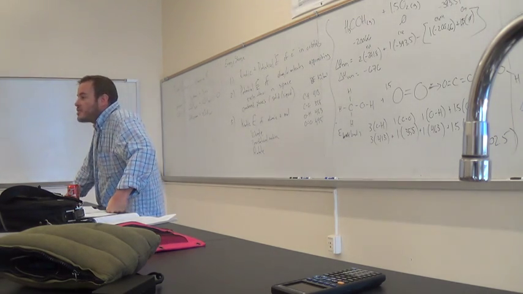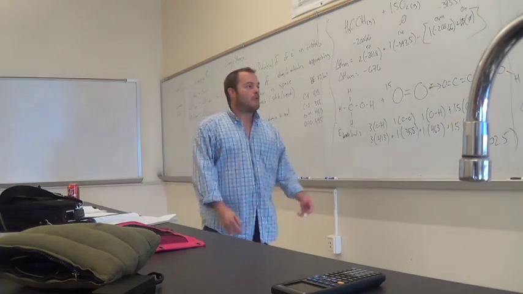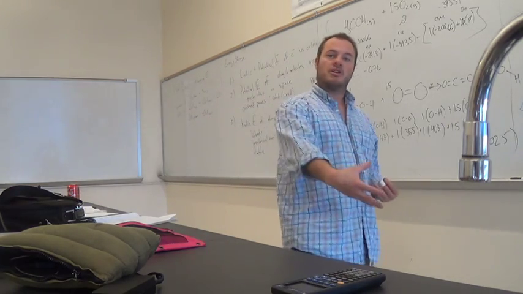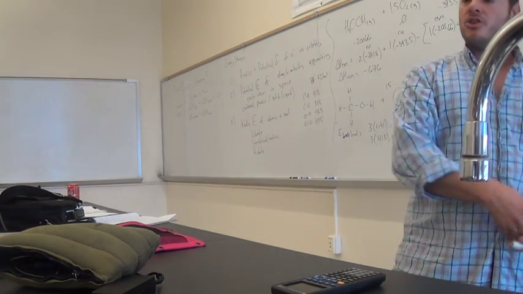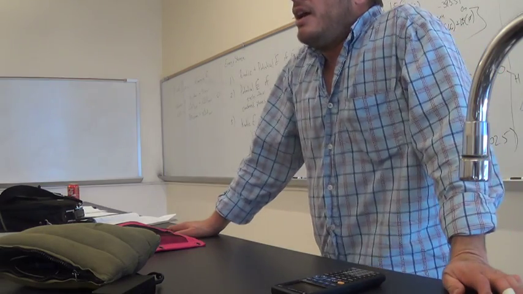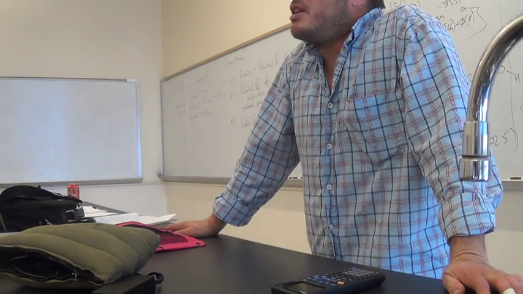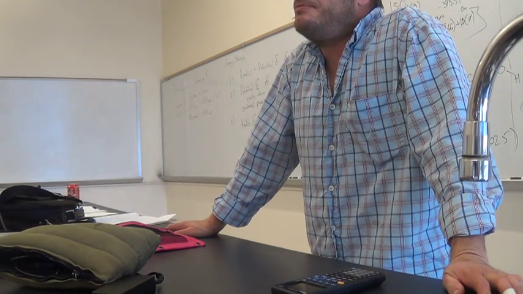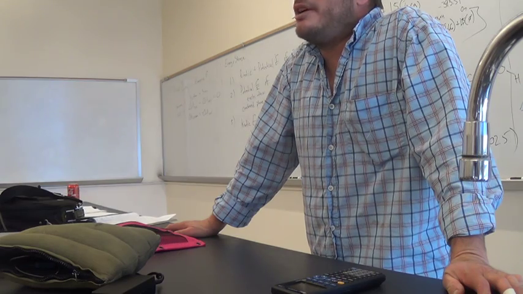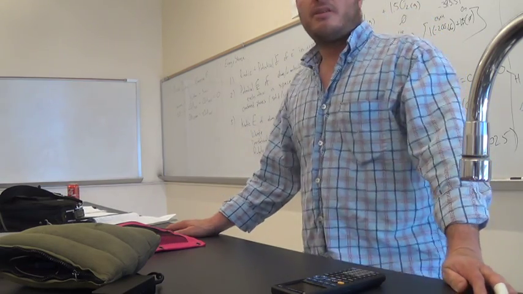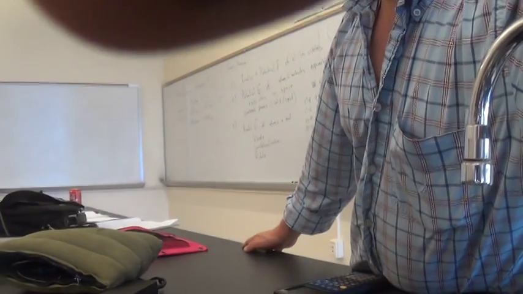Once you've added all of those things up, you can figure out how much energy is required from the surroundings or how much energy is dumped into the surroundings, and you'll know something about spontaneity of the reaction. All right? All right, I think we're done.